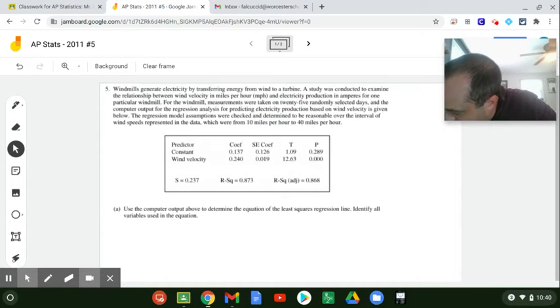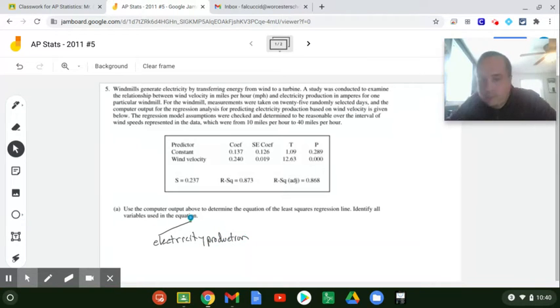So electricity production is our response variable. Okay, we're going to put a little hat over it so we know that this is a prediction. And what is that equal to? Our constant. We talked about that being our y-intercept.